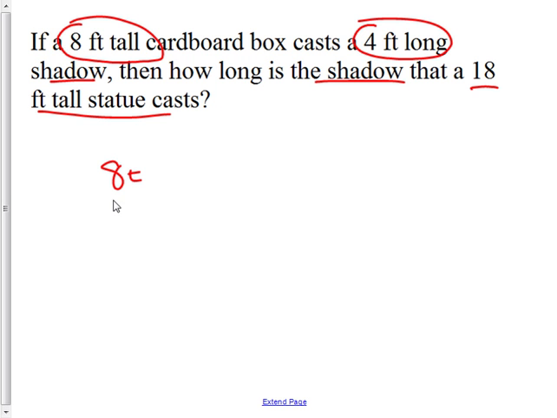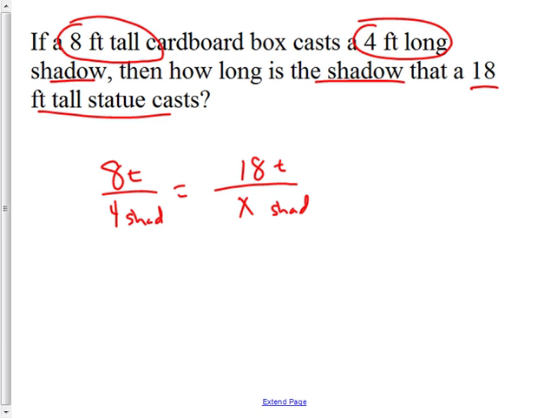I'm just going to put 8t for tall over 4, and I'm going to actually write shadow, just to label that there. And then it says, how long is the shadow? Again, we're going to put shadow down here where we don't know. And it says an 18-foot tall statue. So I'm going to put 18t for tall. So I'm looking for the x height of the shadow.